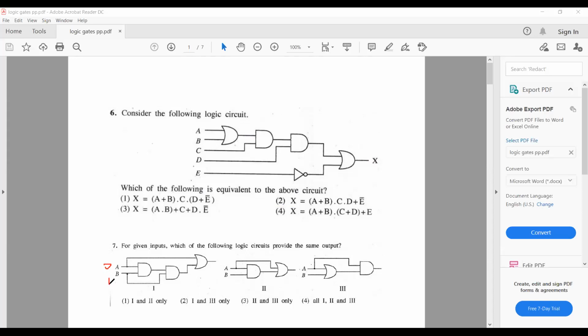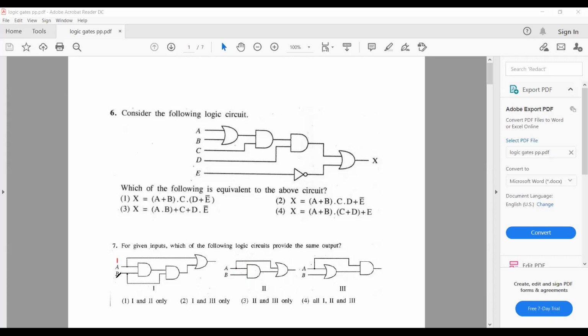If I give 0 and 1 here, your output will be 0. Here also, if you give 0 and 1, your output will be 0, and here also 0. Still you can't find it. I'm giving 1 and 0.